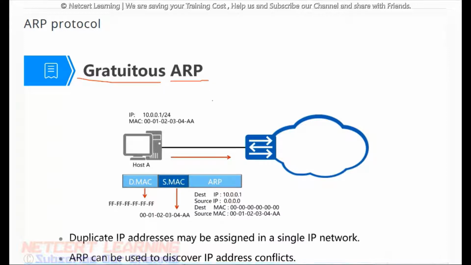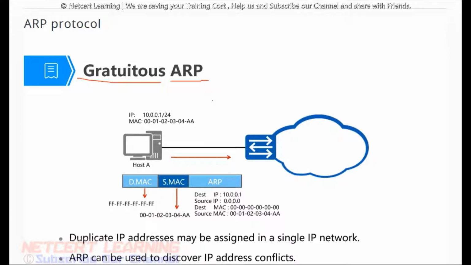What is gratuitous ARP? In our common ARP, when a host wants to get the destination's MAC address, it sends an ARP request. But gratuitous ARP is different.